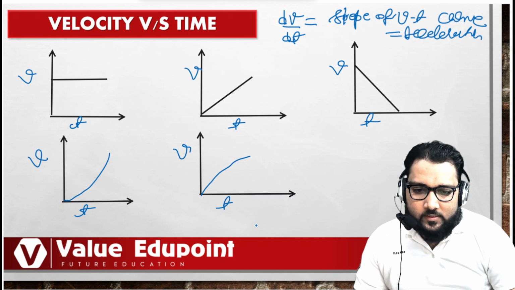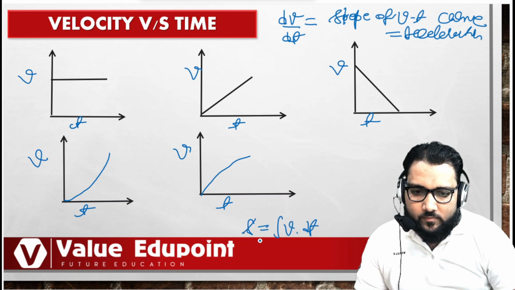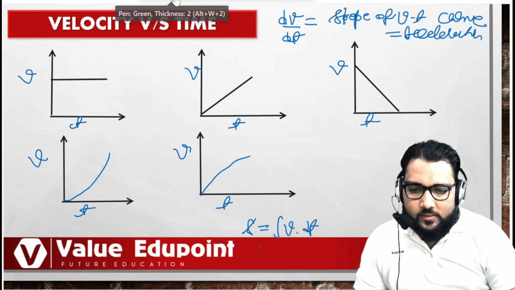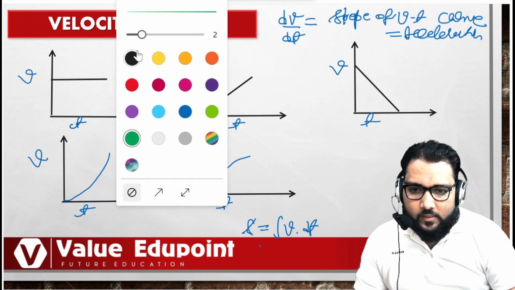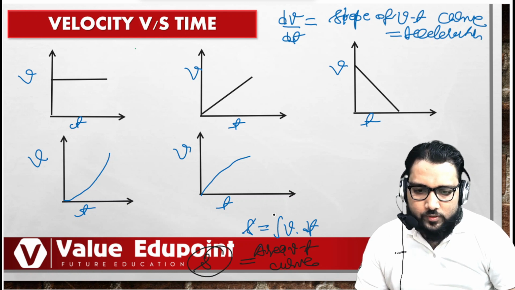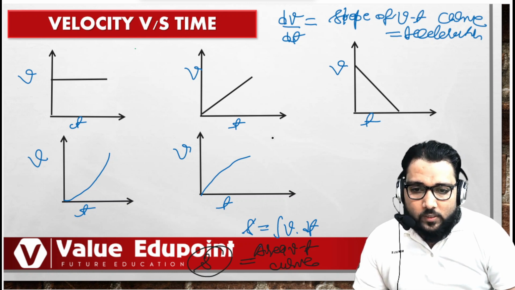And we know, guys, that the distance is equal to the integration of v dt. Or we can say the area under the VT curve will give the distance, or the displacement. Or distance, both. So in this case, what is happening, guys?